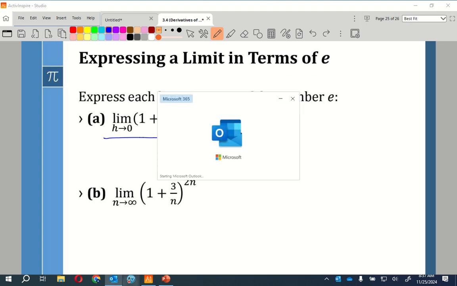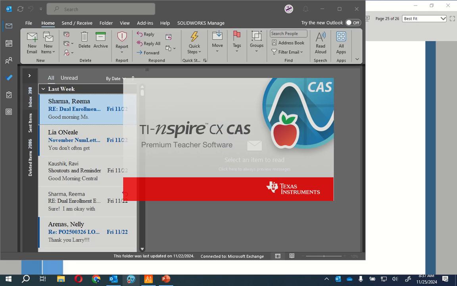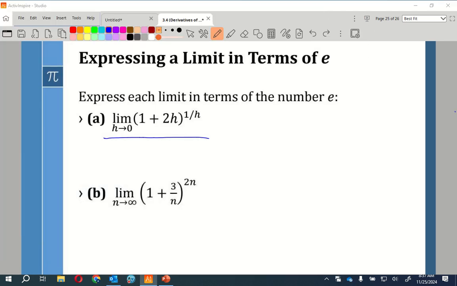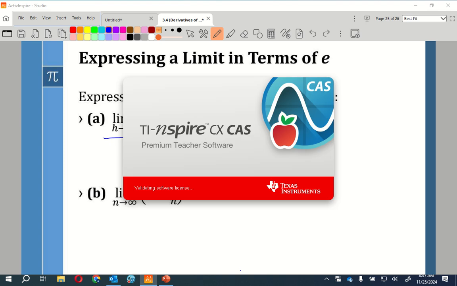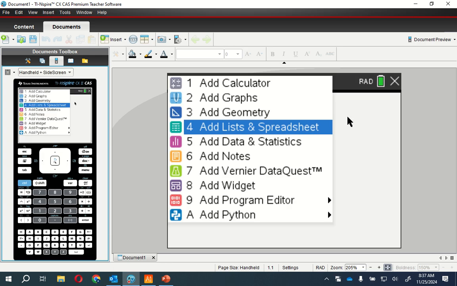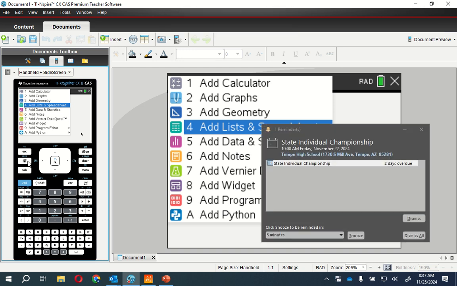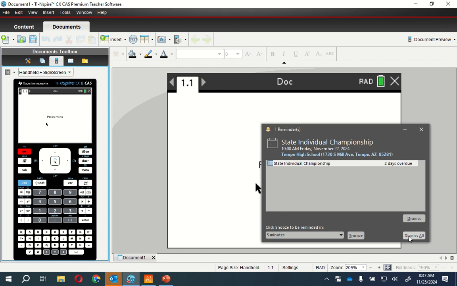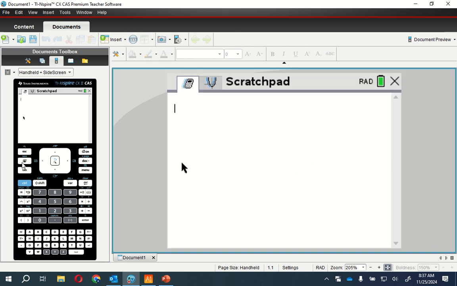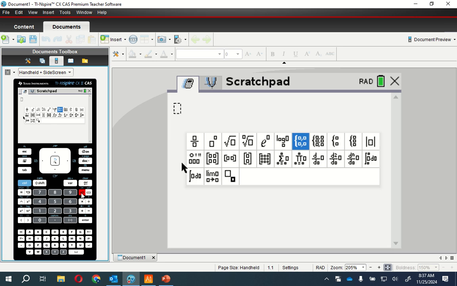Oh, wrong thing. I don't want that. There we go, calculator. All right, let's see what the calculator says. I'm going to go to scratch pad.